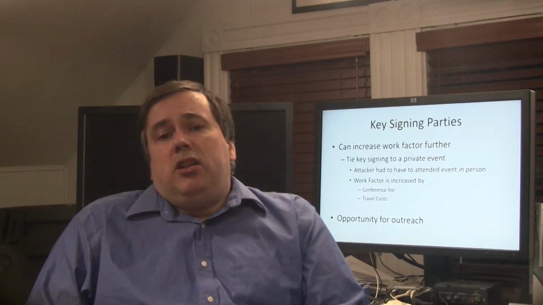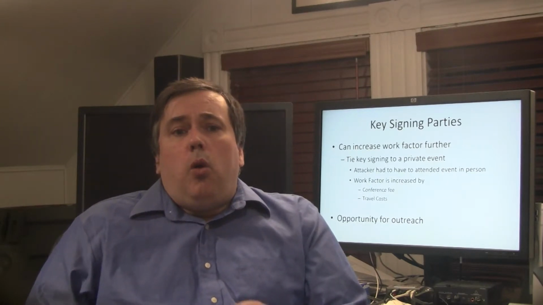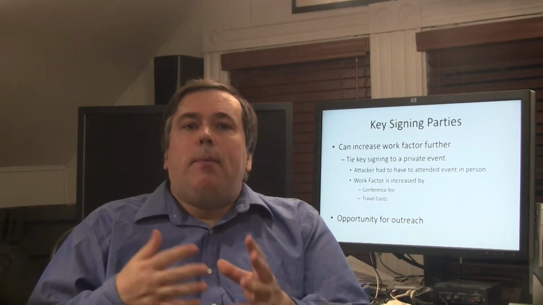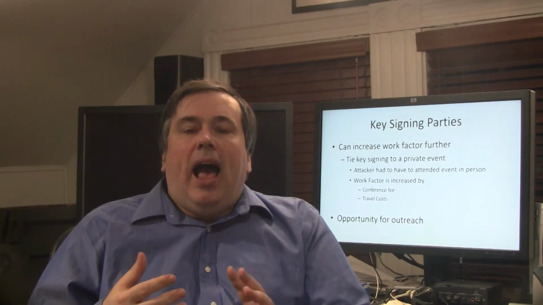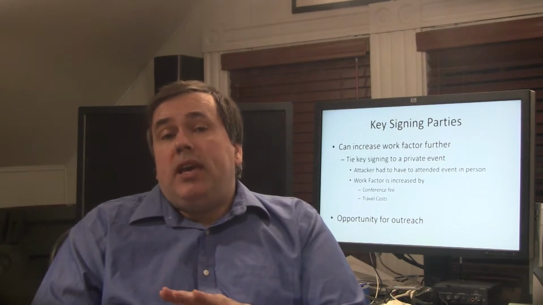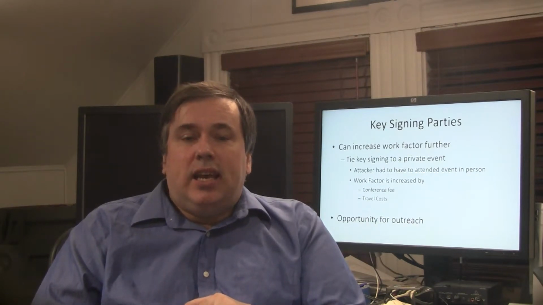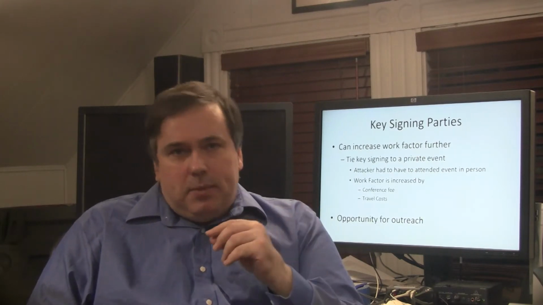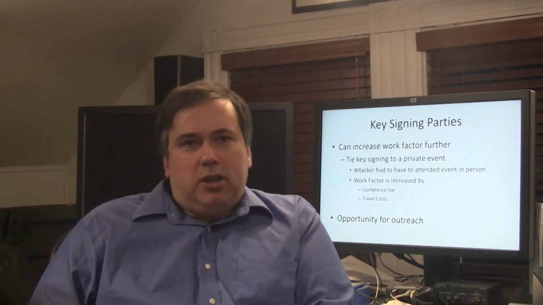The other thing that we can look at is, well, what else can we do to increase this time-based work factors? And one of the things that we can do maybe is to build on an old practice in PGP, which is key signing parties. People keep telling me not to call them key parties, which I'm told is something else.